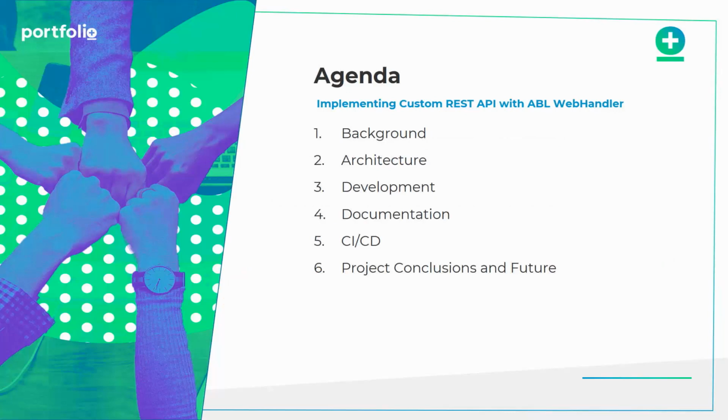And today what I want to talk about is our actual experience building a RESTful API in PAS-OE. So I'm going to go through some of the background of what we've been up to, the architecture that we use with our application, some of the development we've done around the ABL WebHandlers, how we documented it, some of our continuous integration delivery pipeline, and then some conclusions about the project and where we're going to go from here.